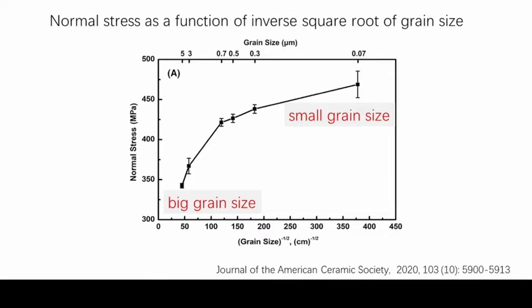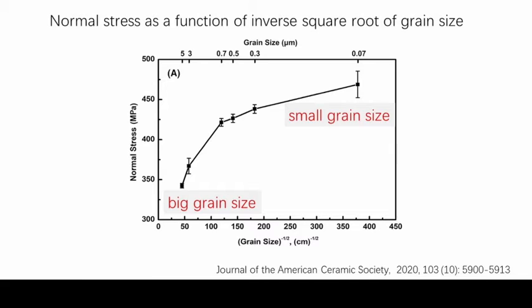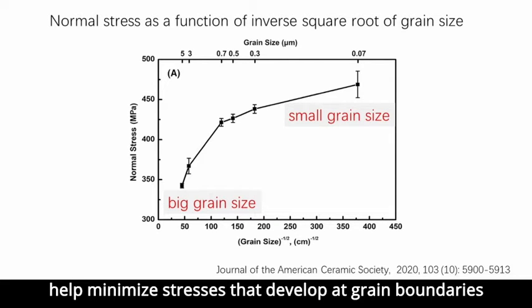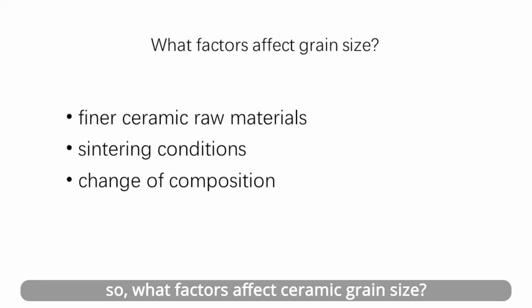From this figure, we can see that the normal strength of small grain size ceramics is about 150 MPa higher than that of big grain size ceramics. The reason is that finer grain size helps minimize strains that develop at grain boundaries due to anisotropic expansion and contraction. So, what factors affect ceramic grain size?